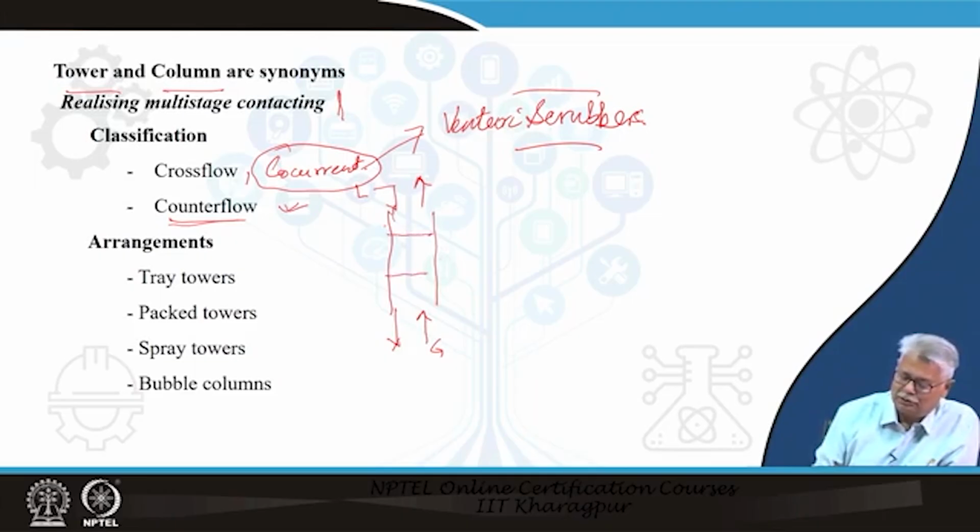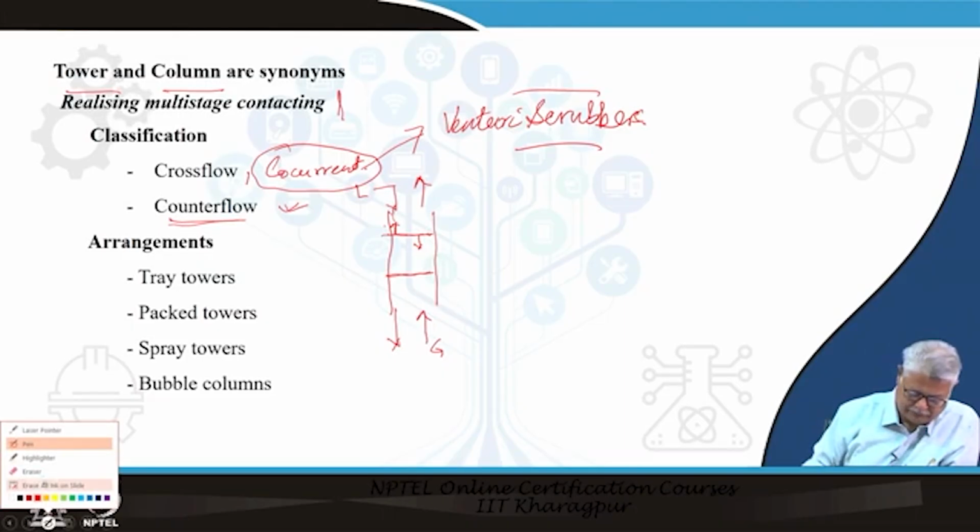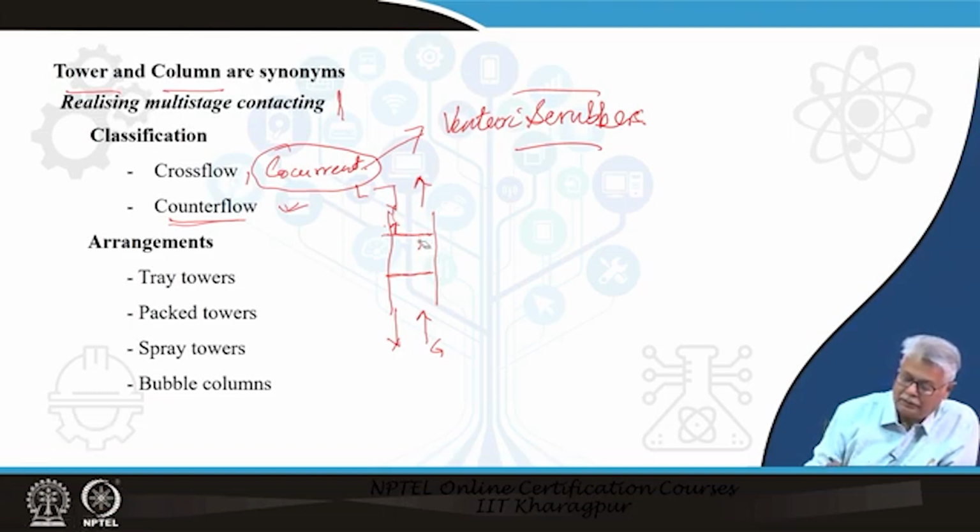What you have so far drawn are distinct trays, and an ideal tray is one in which the leaving streams, the gas leaving and the liquid leaving, will be in equilibrium.